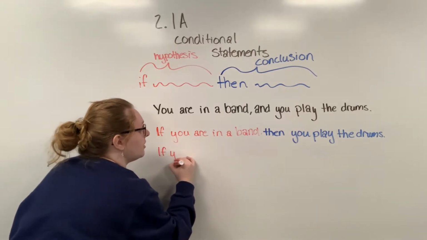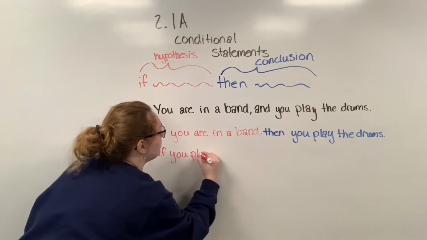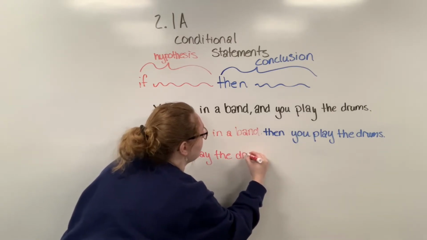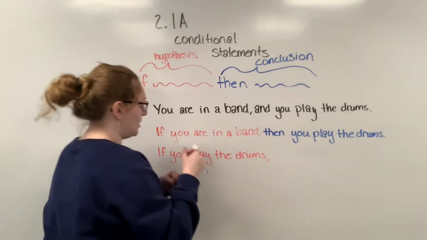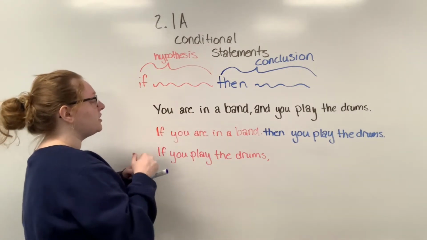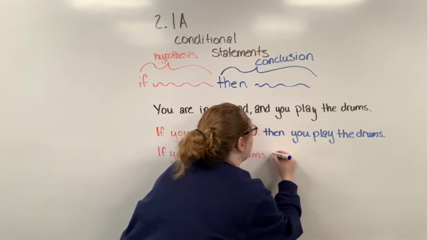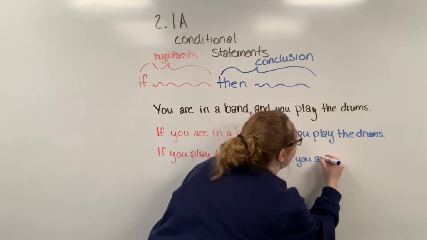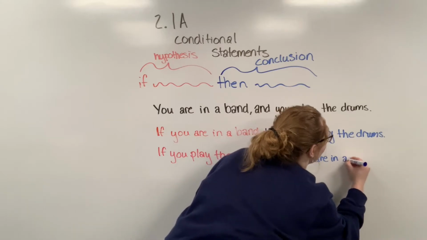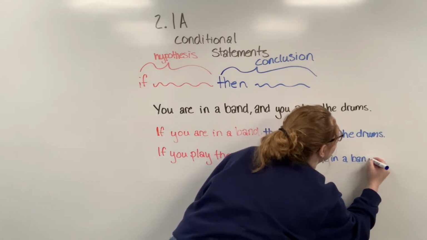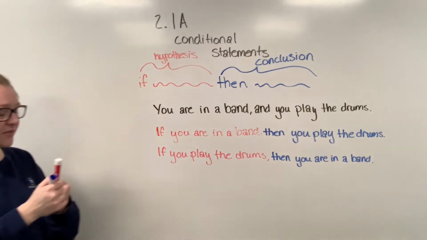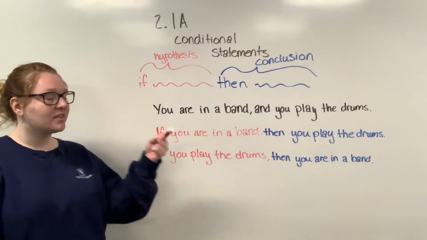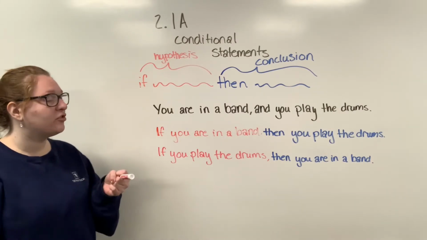If you play the drums, comma, then our conclusion, then you are in a band. So these are our two pieces of information and the two sentences that we can form from that. If you are in a band, then you play the drums, and if you play the drums, then you are in a band.